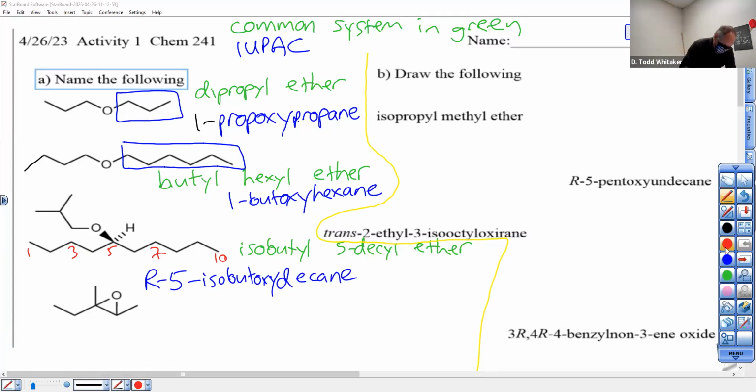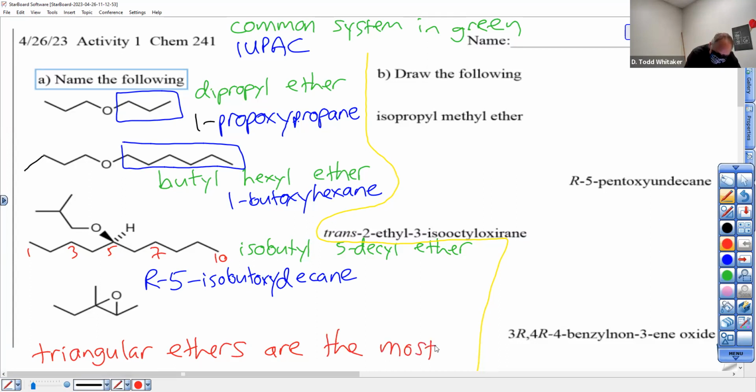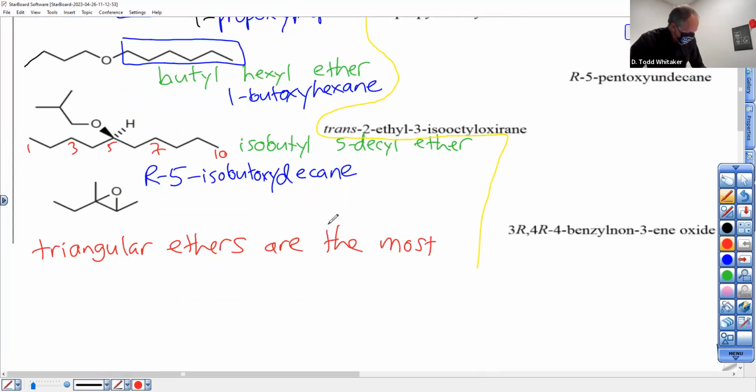Okay. So this one, it's a special ether. This is a triangle, isn't it? Triangular ethers are the most important thing in chapter 11. I'm going to even write that down. The most important thing in chapter 11.